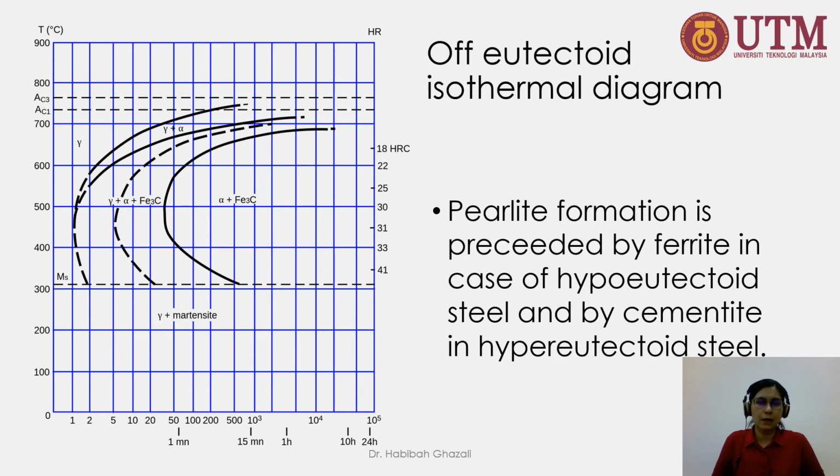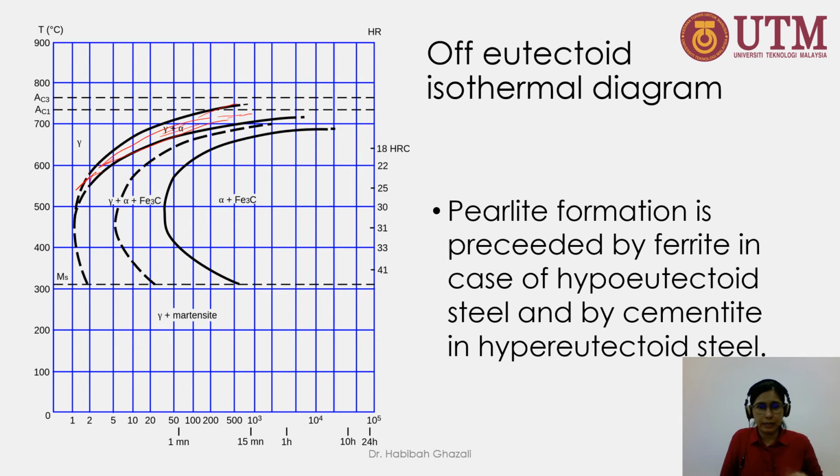What I have here is the off-eutectoid isothermal diagram for hypoeutectoid steel. For hypoeutectoid steel, we know that if we transform it by slow cooling, we will form pro-eutectoid ferrite first. In the TTT diagram, it is the same as well. Here you can see there is a region where pro-eutectoid ferrite will be transformed first from the austenite.